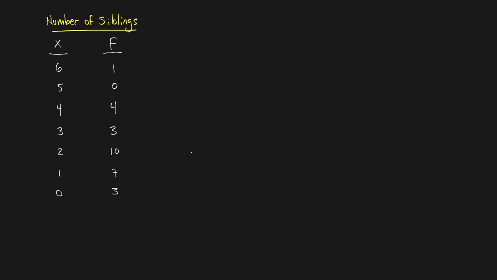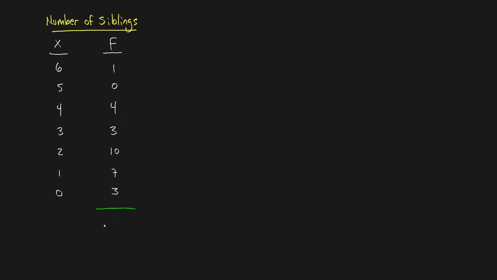However, just knowing what a frequency is, like having 4 fours, doesn't really give me any idea as to whether having 4 siblings is common or uncommon, unless I look at my whole list of frequencies and see how that 4 compares. 4 seems to be a very normal sort of response, whereas having 6 siblings, there's 1 out of, it's hard to see here exactly unless I sum these all up, but this looks like it's about 20.